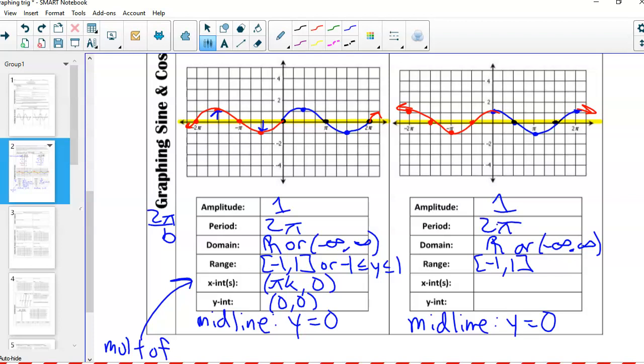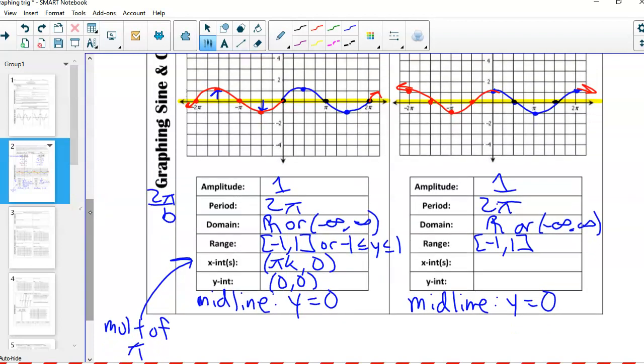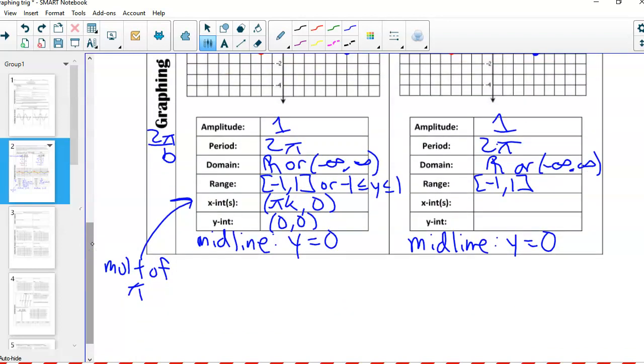What about your x-intercepts? Don't try to figure this part out. Where do you see them at? All of your pi over 2. So this one, it's actually weirder than that one.